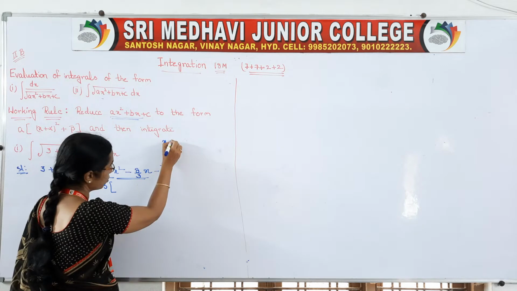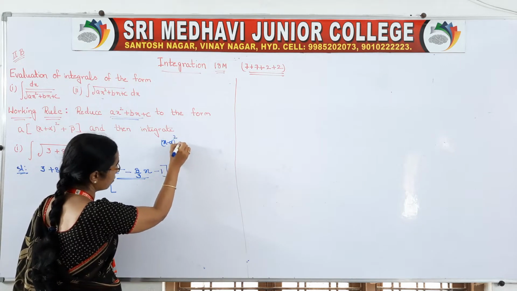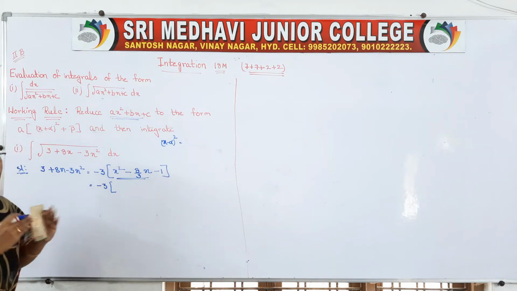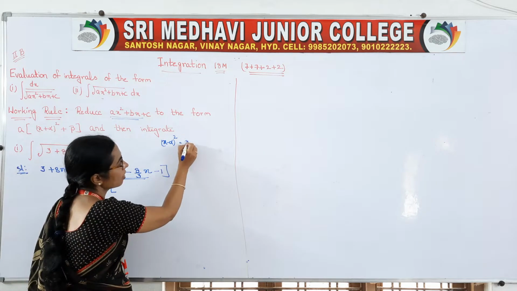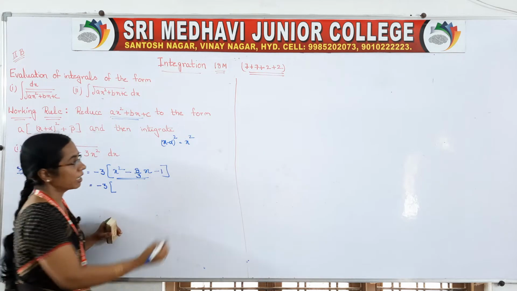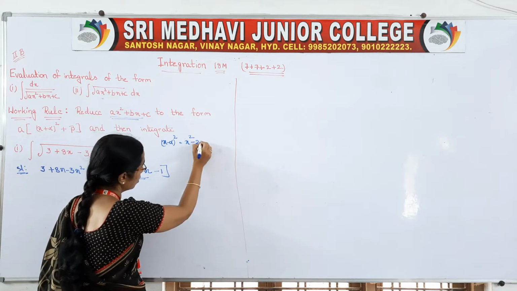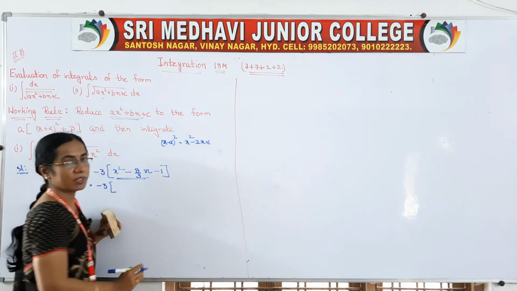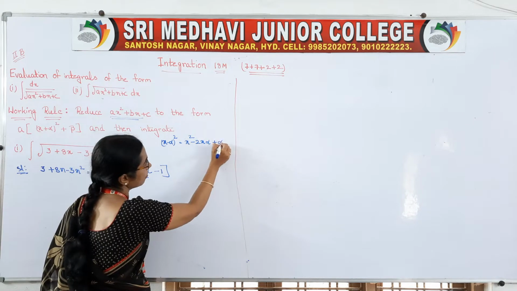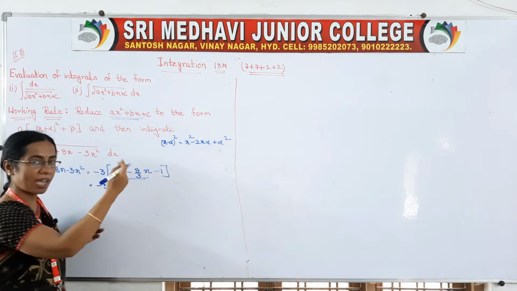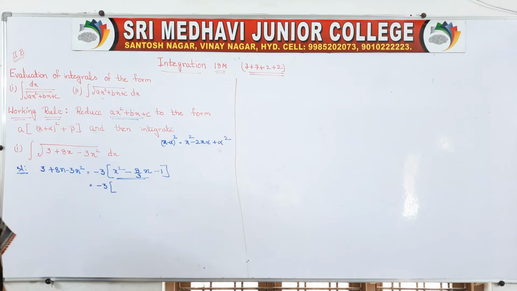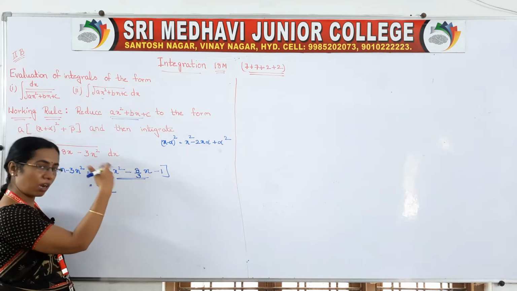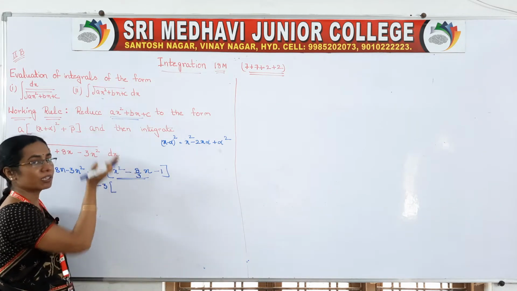Which form do we have to reduce to? X minus alpha whole square, x minus something whole square. What will be its expansion? X square minus 2x something plus something square, then we can write in its place x minus alpha whole square. We have to reduce the problem into that form.